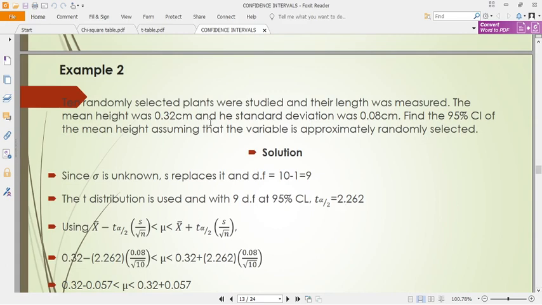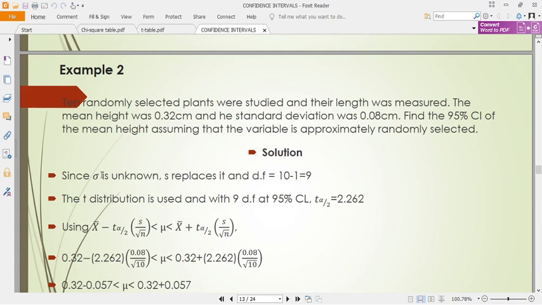So an example, 10 randomly selected plants were studied and their length was measured. The mean height was 0.32 centimeters and the standard deviation was 0.08 centimeters. Find the 95% confidence interval of the mean height, assuming that the variable is approximately normally distributed.